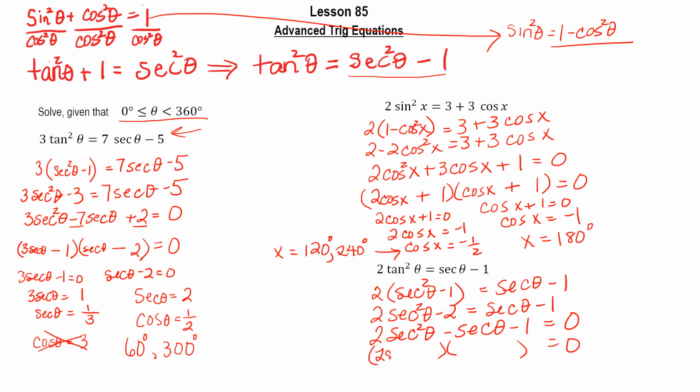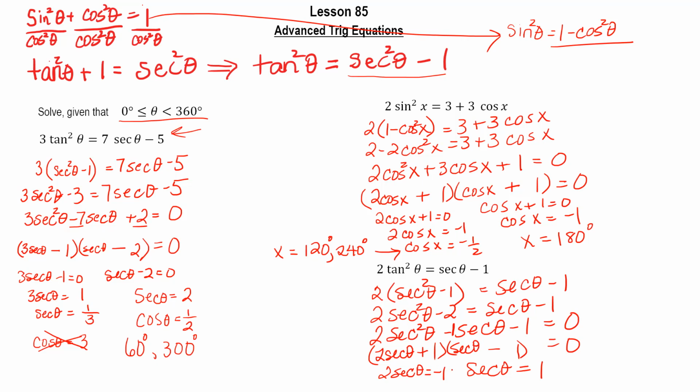So 2 secant theta, and 1. I want a negative 1 for the middle term, so I will have to make this negative and this positive. So that means that 2 secant theta has to be negative 1, or secant theta is 1.